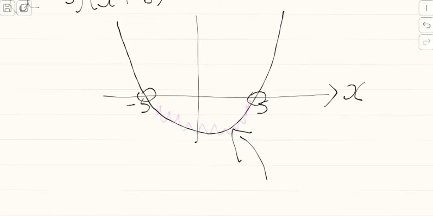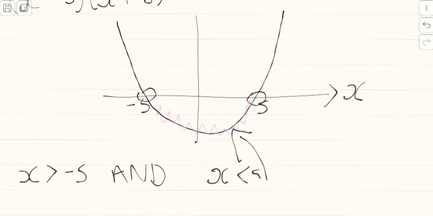So we want that x is less than 5, but at the same time greater than minus 5. So we can write that like this. Well, let's write this first. So x is greater than minus 5 and x is less than 5.